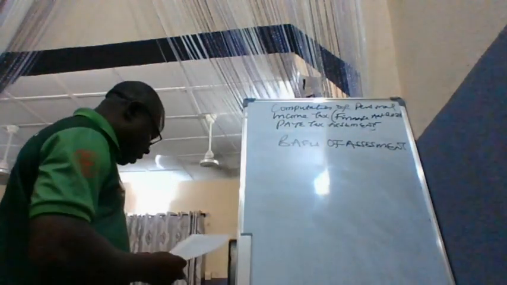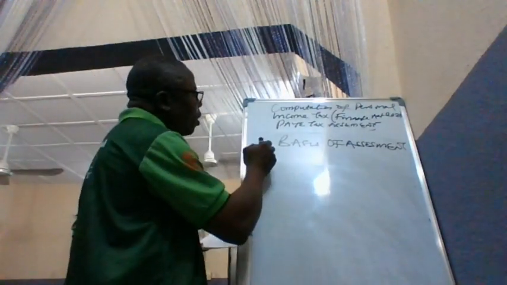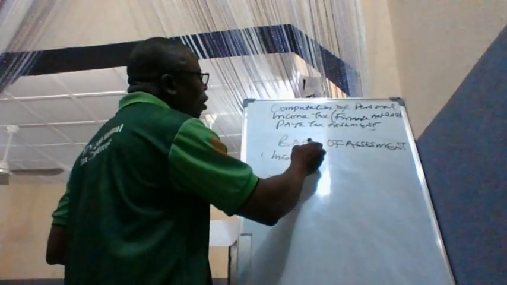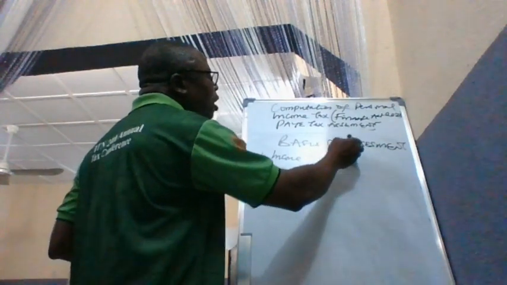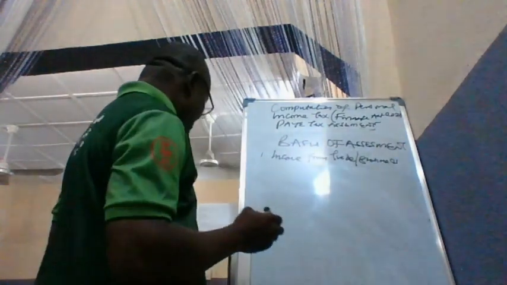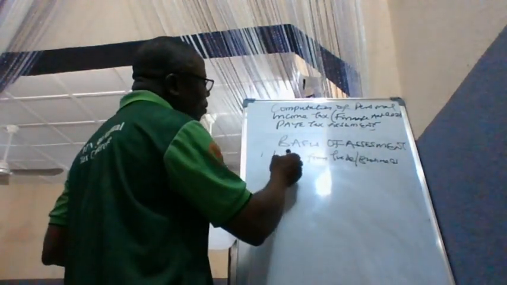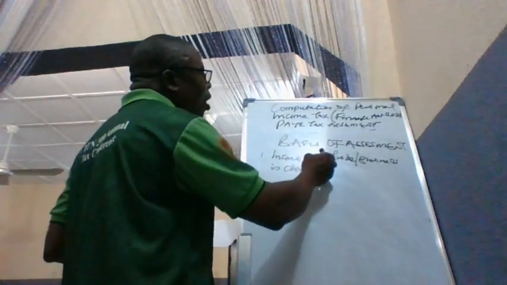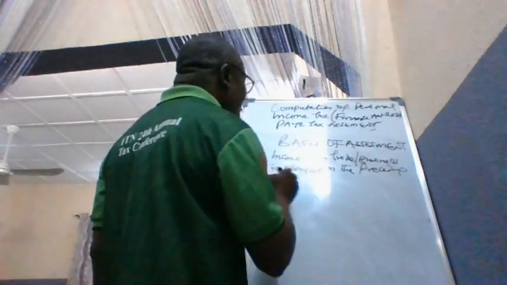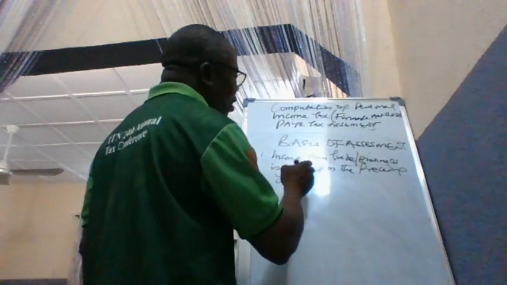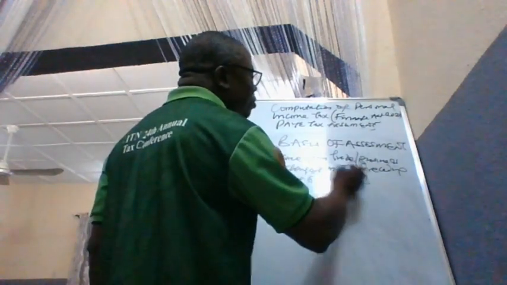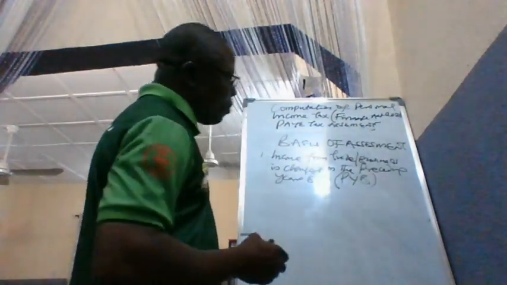Number one, income from trades and business is charged on the preceding year basis. We call it PYB, preceding year basis.